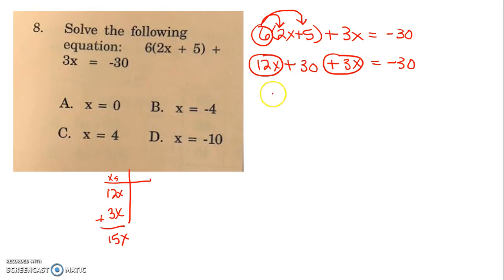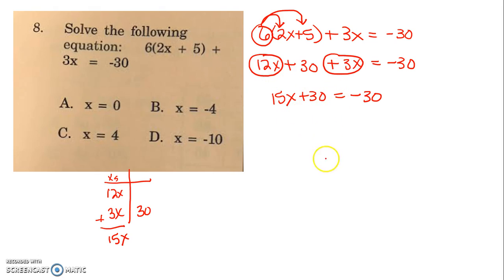So when I combine those two, I get 15x. I still have my plus 30. Didn't do anything with my 30 because we have to keep the equal sign and keep whatever numbers on the other side of that equal sign. So all I did was combine like terms there. 12x and 3x is 15x.